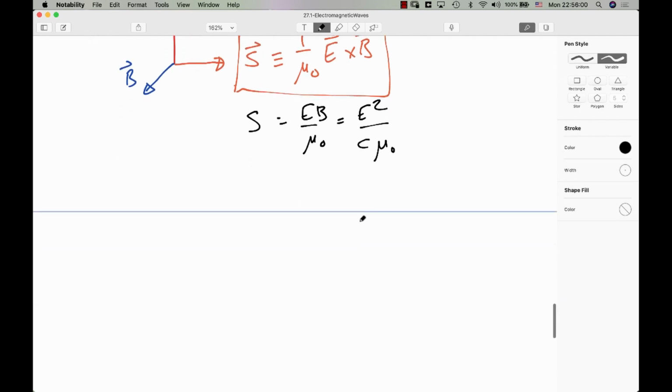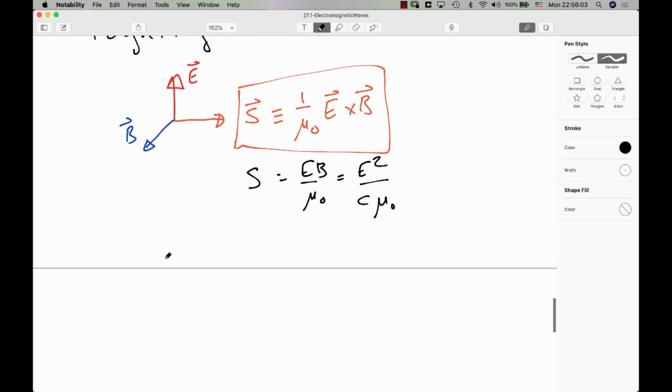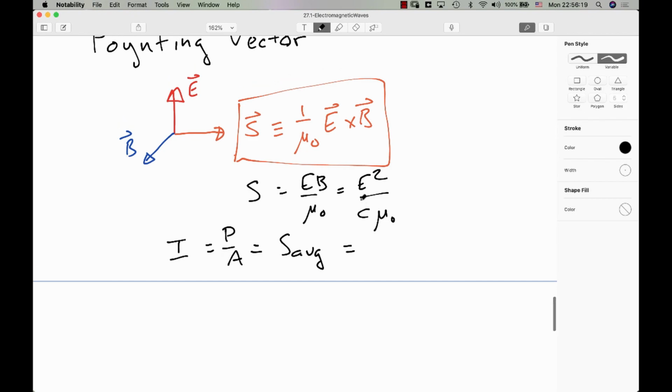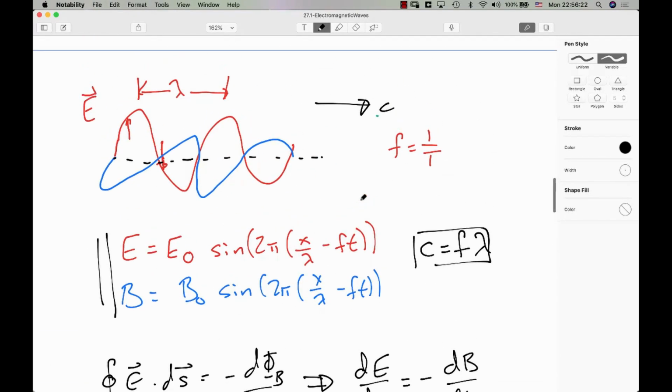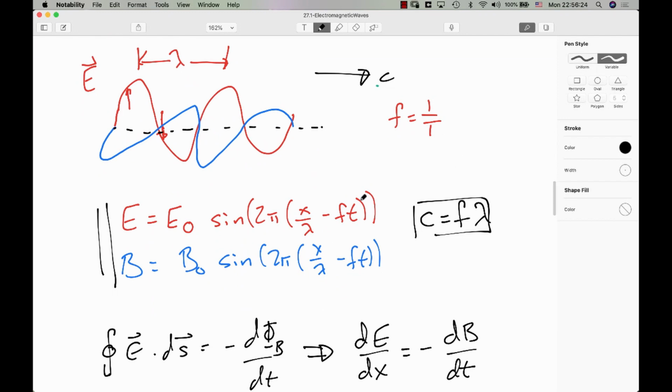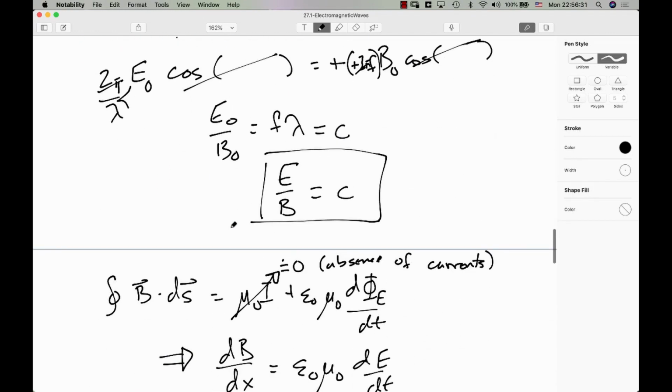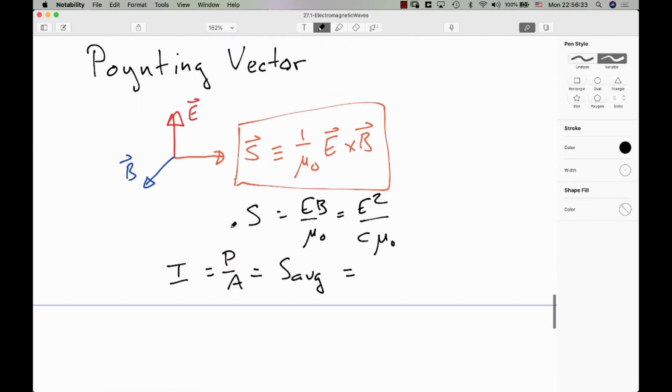Okay, so the intensity of the wave, which is the power over the area, defined the same way we did it for sound waves back in mechanics, is the average value of the Poynting vector. So that will be 1/2 of this. Why a half? Since it's going as the square of the electric field strength, we're going to be squaring sine, and it turns out that the average value of sine squared is a half.